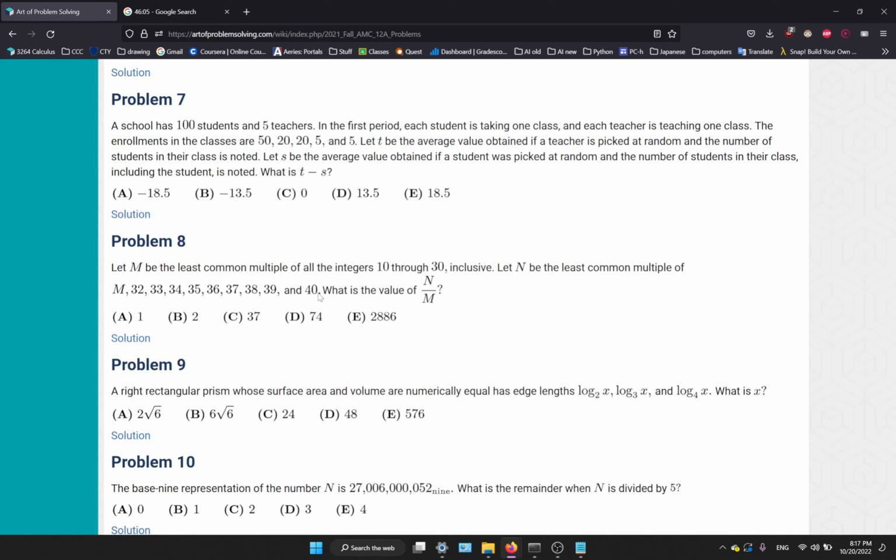I think we missed one here, 19. Oh, we weren't even supposed to go past 30. So we're also gonna have to count before that: 2, 3, 5, 7.